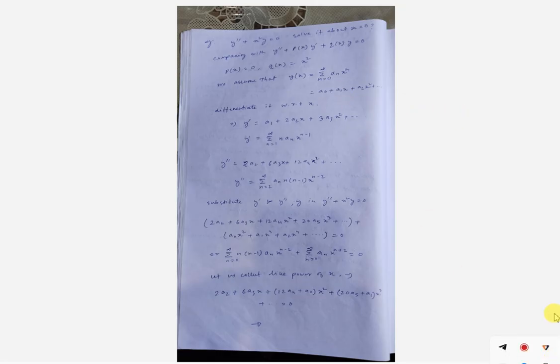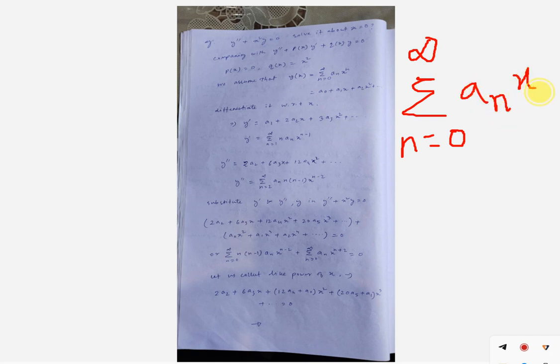Now we can assume the solution of this differential equation will have the form y is equal to the infinite sum, n is equal to 0 to infinity, a n x to the power n. If we differentiate it with respect to x, then we will get y dash.